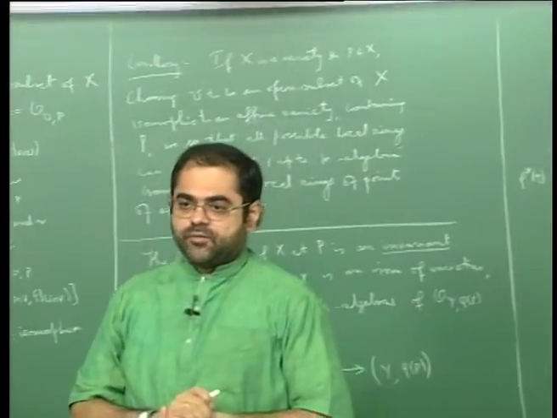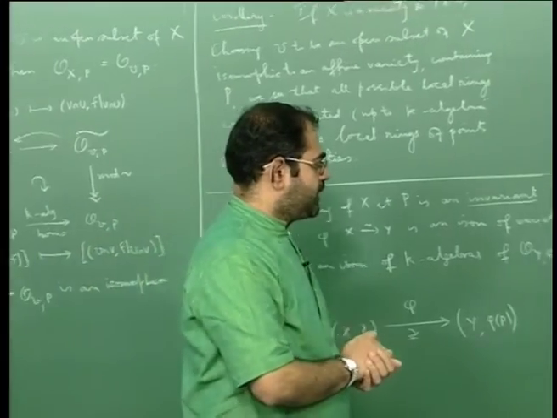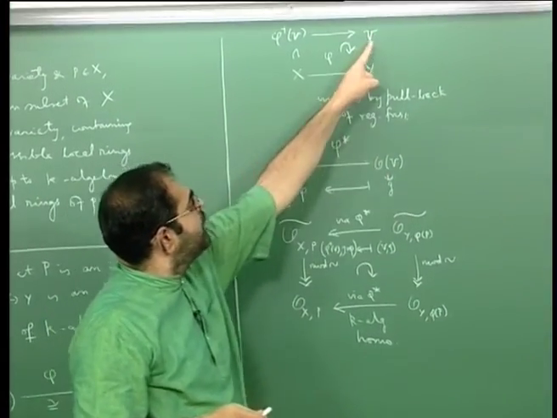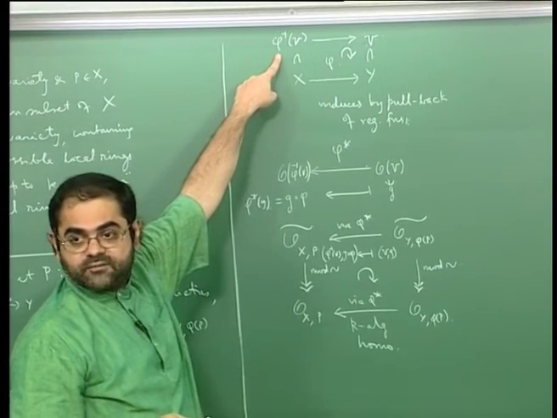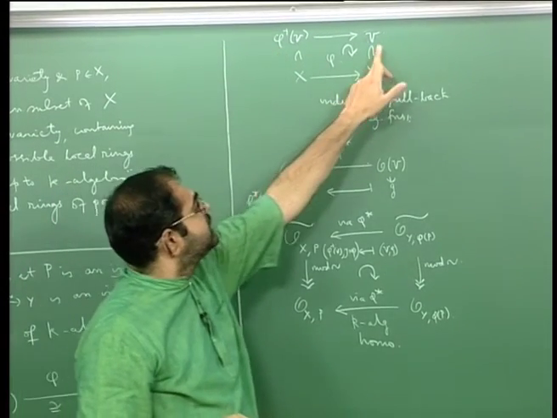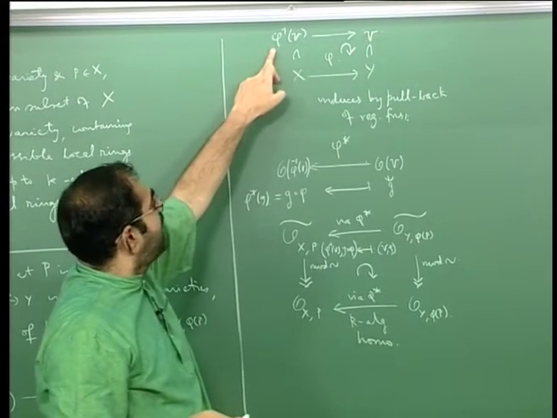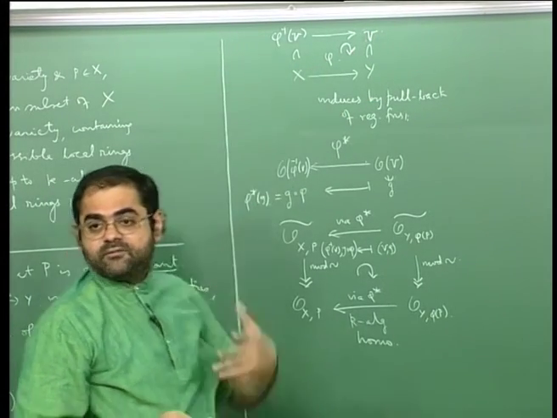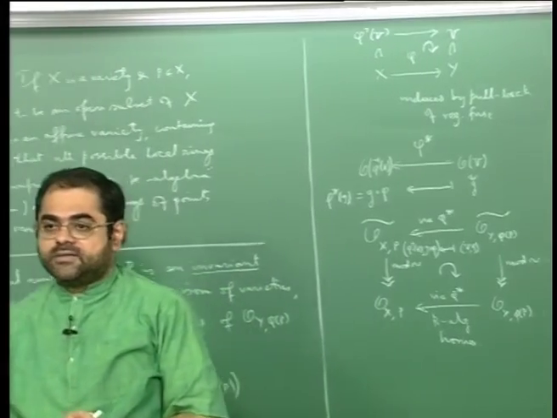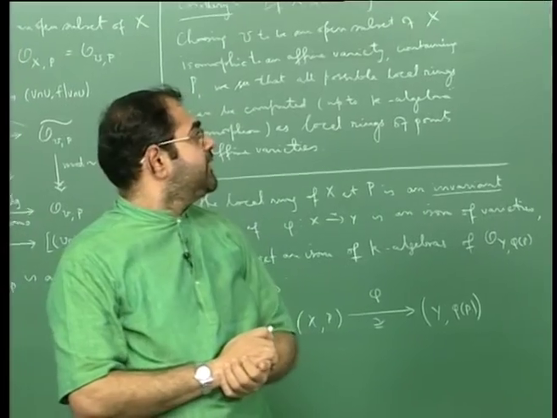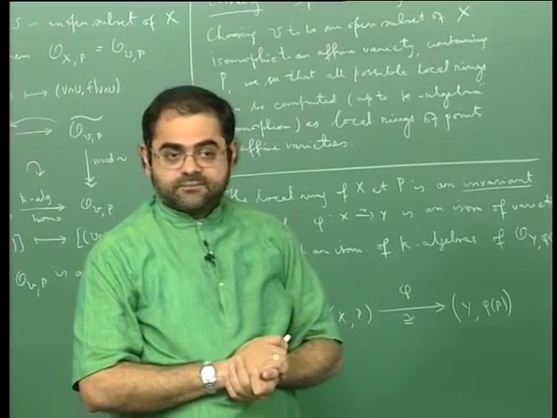So it is very simple: you have a regular function on V, you compose it with phi, you get a regular function on phi inverse V. So the germ of a regular function on V at phi p, after composition with phi, is going to define the germ of a regular function at P itself.